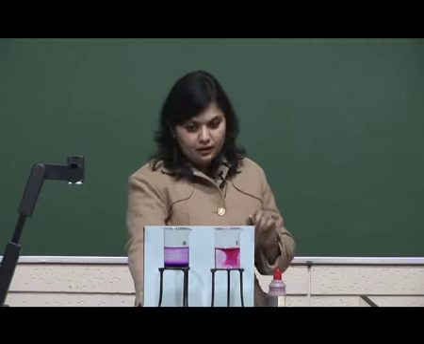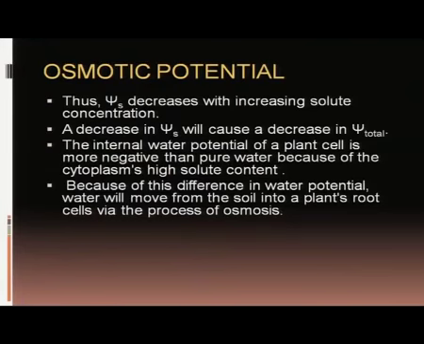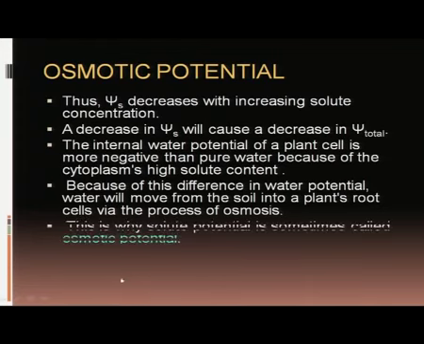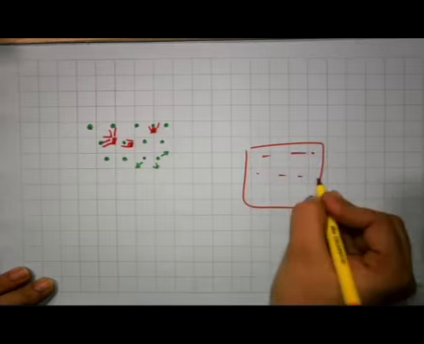Here in this example, because of this difference in water potential, water will move from the soil to the plant's root cells via the process of osmosis. This is why solute potential is sometimes called osmotic potential. Suppose this is a cell and the cell has a lot of solutes.